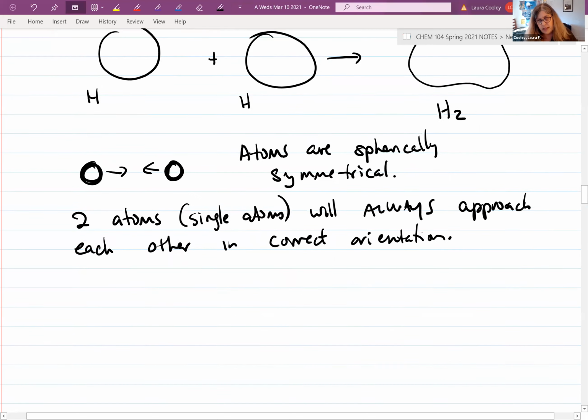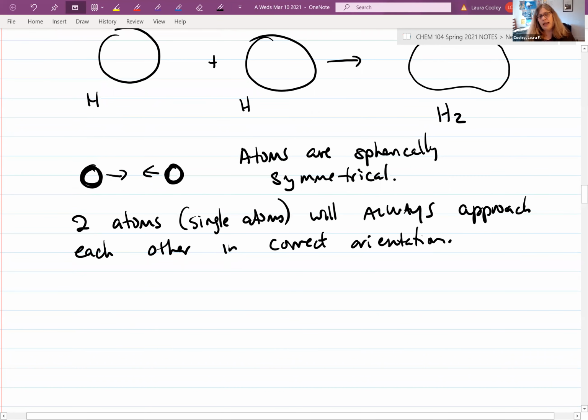But that's not the case for molecules, right? Because you might need to have two atoms approach each other, like we had with the Cl and the N. But if the O goes to the Cl, right, because you have different atoms in a molecule. And so only when you have two single atoms approaching can there be a P equal 1. That would be P equals 1.